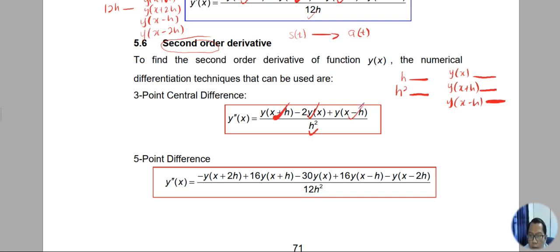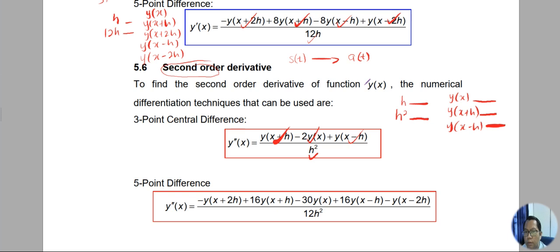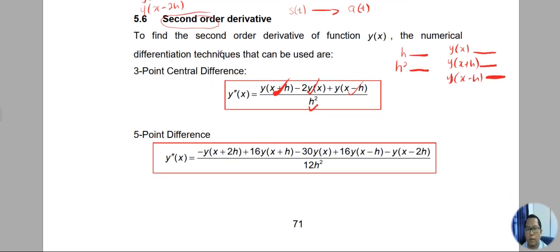Then you will complete everything in the 3-point central difference.